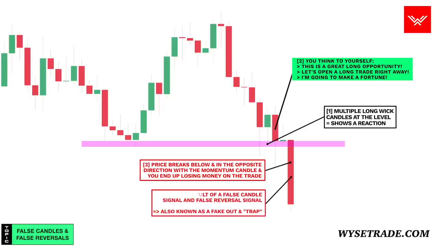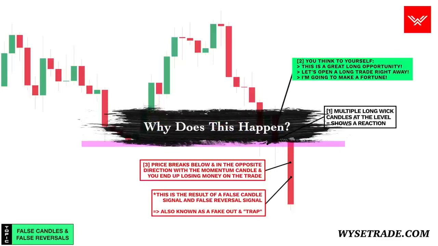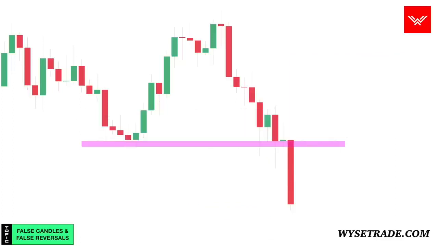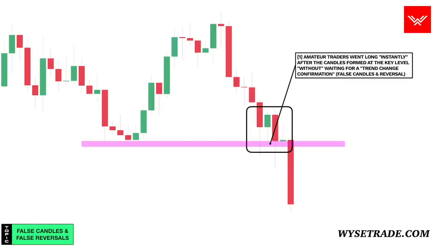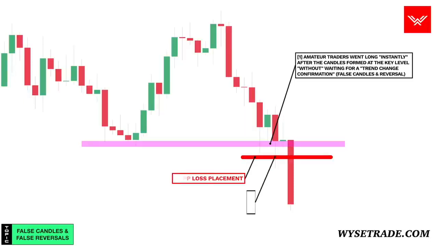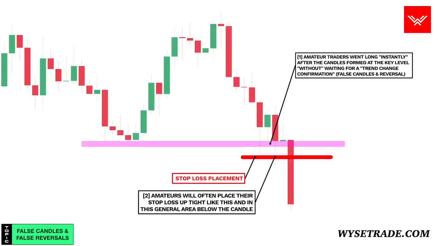This was a false reversal, also known as a fake out or a trap. So why does this happen? Amateur traders who don't wait for a trend change confirmation will enter right away after the candle patterns form at the level here. And they will often place their stop losses up tight and in this area here below the candle.